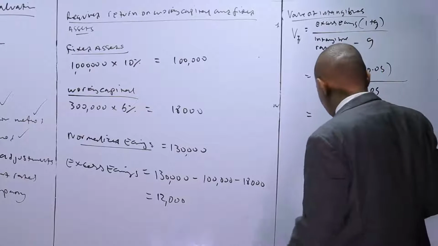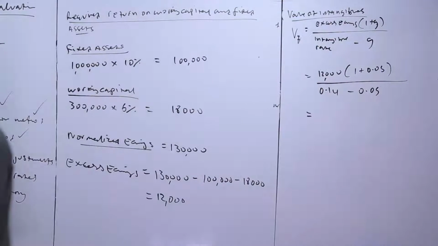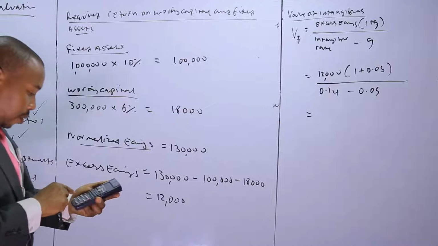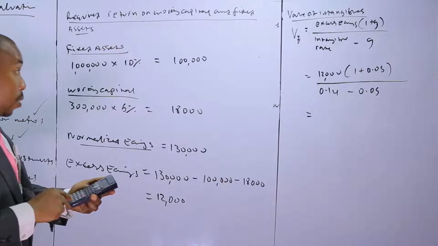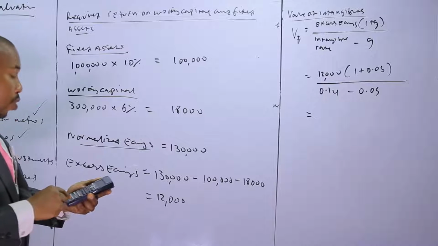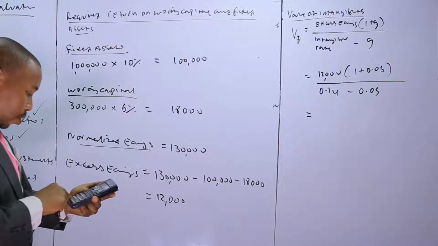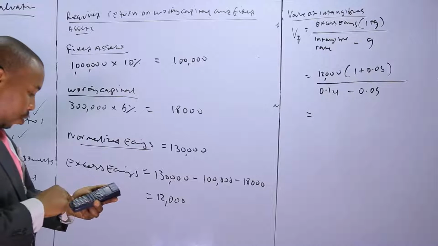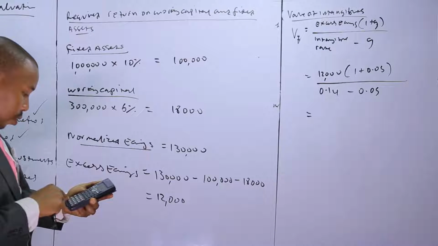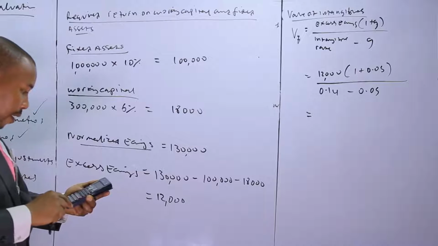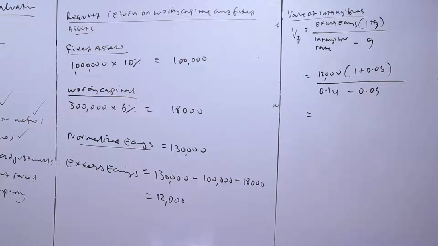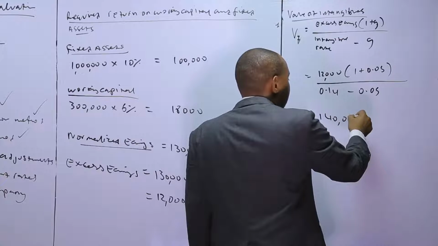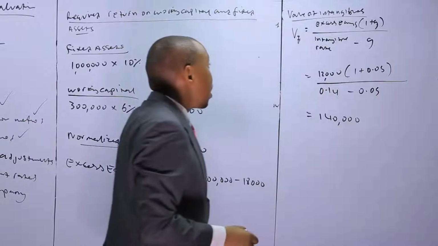So what do we get there? We're saying 12,000 times 1.05 divided by 0.14 minus 0.05. So we have 140,000. That is the value of intangibles.